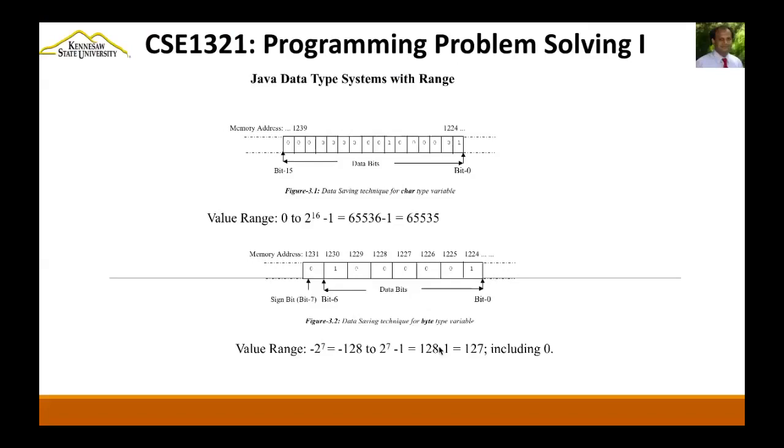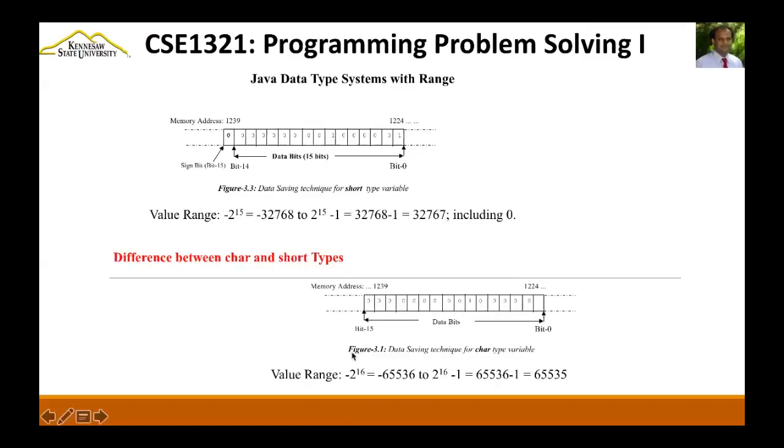And for a positive number, this bit will be 0, and then the highest value is 2 to the power 7 minus 1, and we also have 0, all zeros. For 0, it makes no difference whether you have 0 or 1 here.